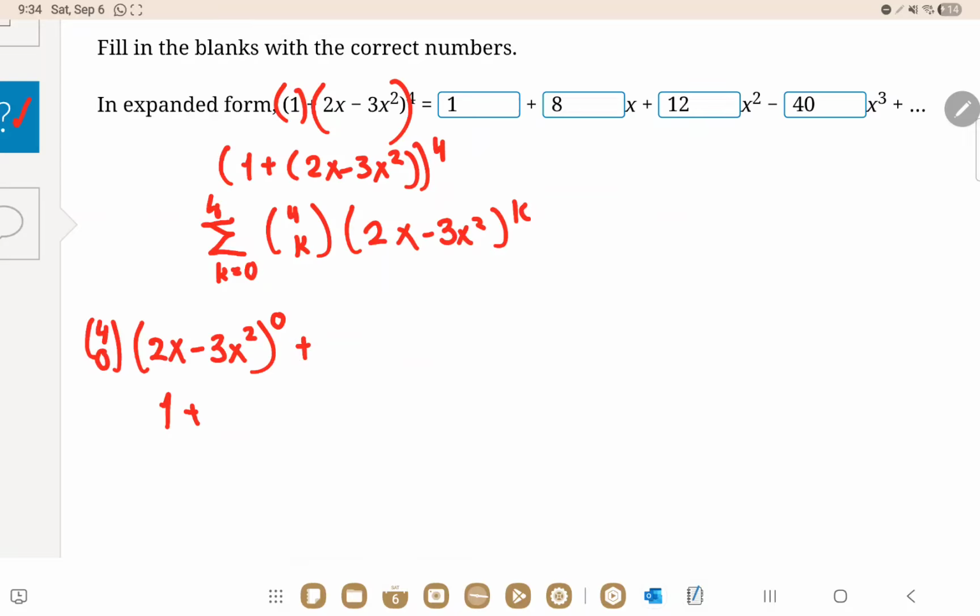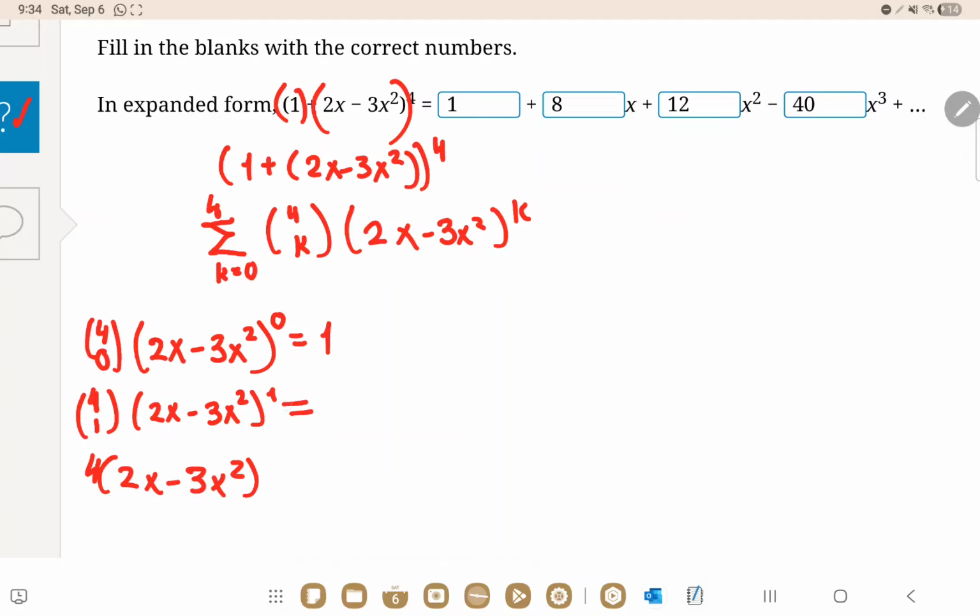Plus, now I'm going to solve each one alone actually, because you'll see later why. 4 combination 1 into 2x minus 3x squared power 1. 4 combination 1 is 4 into 2x minus 3x squared equals 8x minus 12x squared. So far, very easy.